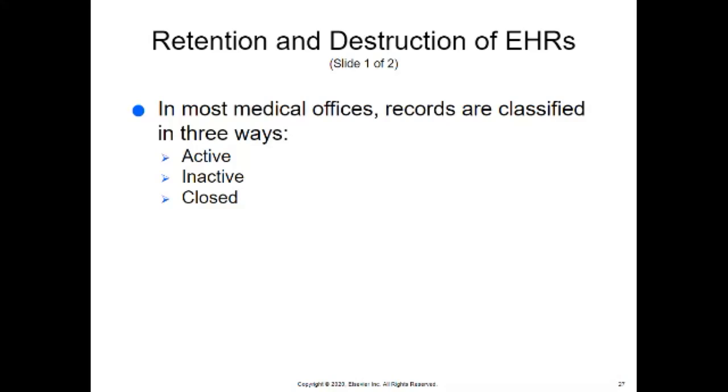I want to give you a little bit of information here. If you have a pen and a piece of paper, you may want to write it down. Or no, you want to write it down. The process of moving a file from active to inactive is called purging. This question is on your NCCT exam.